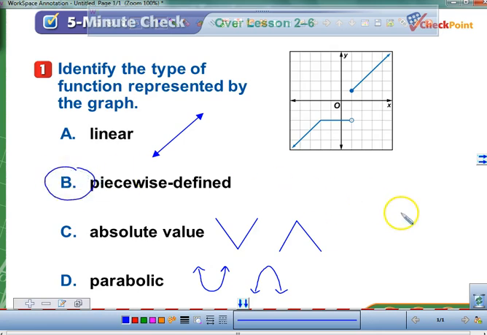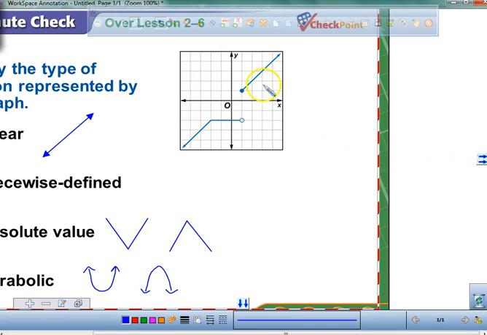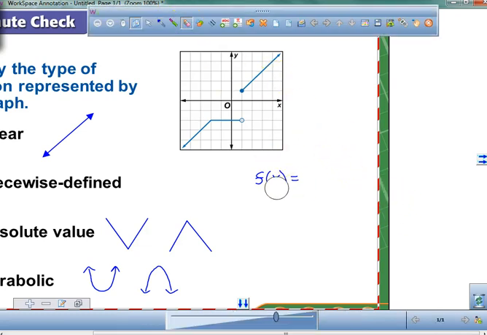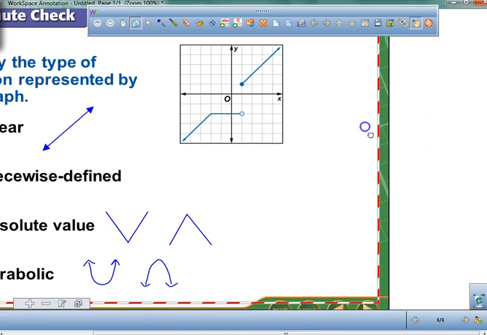This is a piecewise function. Now, how many pieces are working together? We have this part of the line, we have this. There are three things happening in this graph. So let's think about what those three things are. Okay? So I'm going to move over here.